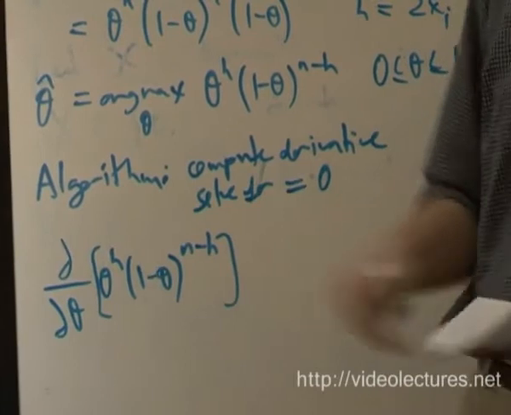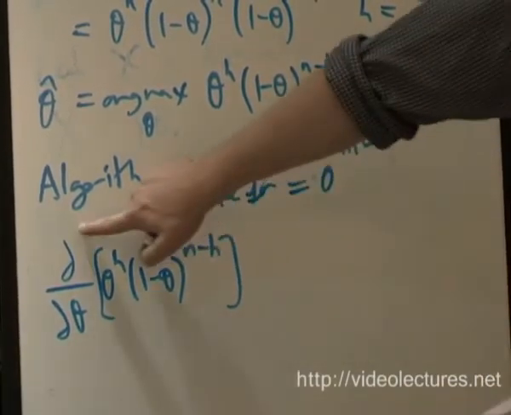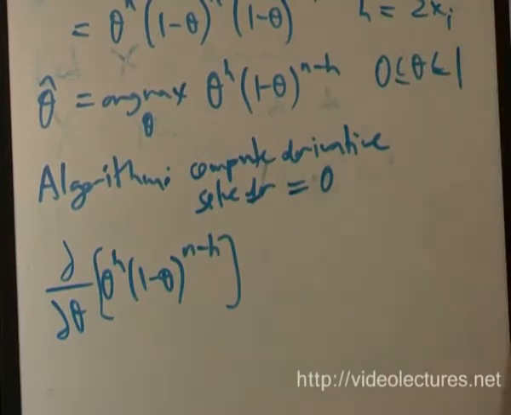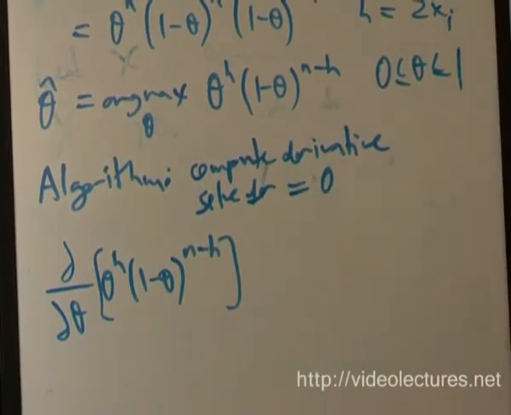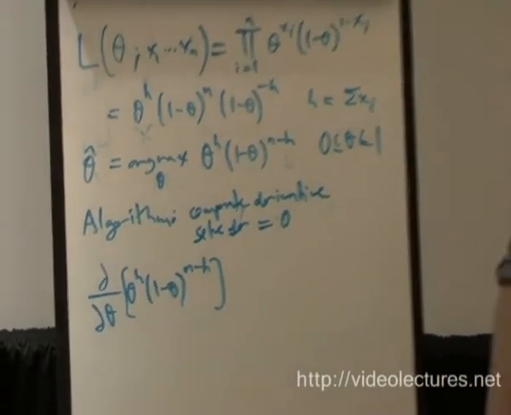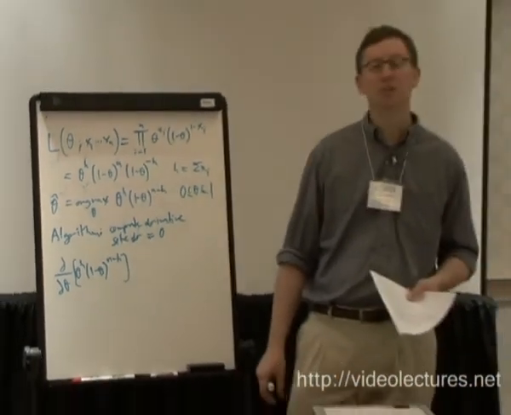And I have a notational question. This is the curly d for derivative instead of the regular d for derivative. What's the difference in meaning between a curly d and a regular d for derivative? Partial versus single parameter.